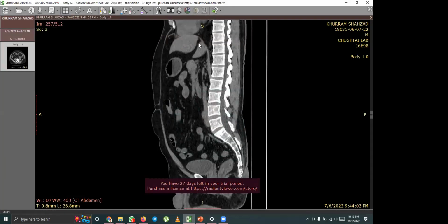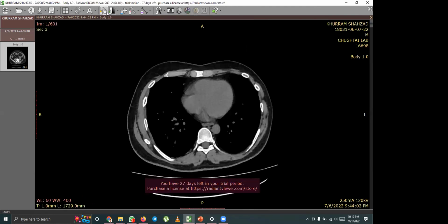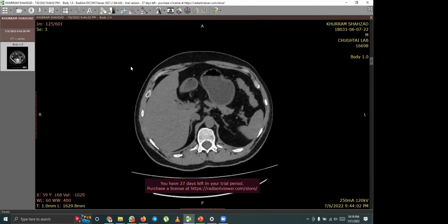Can you guys see this screen? This is an image of the abdomen of a patient. You can see these are the number of images here. There are like 512 images that we will see for this patient.